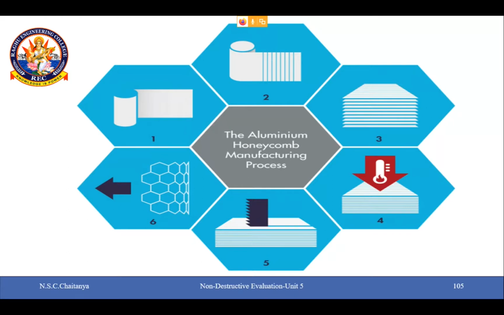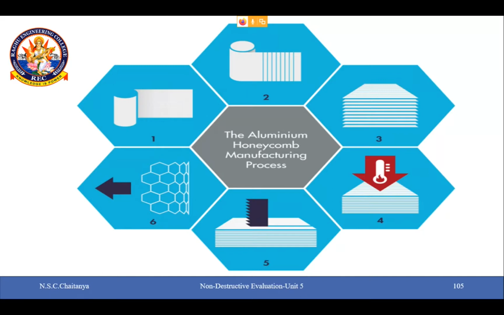Your step number 5, these honeycomb blocks are cut into slices depending upon the requirement. As per the requirement of the customer, they will be cutting them into the required size. And finally, in your image number 6, they are expanded, completing the manufacturing process.